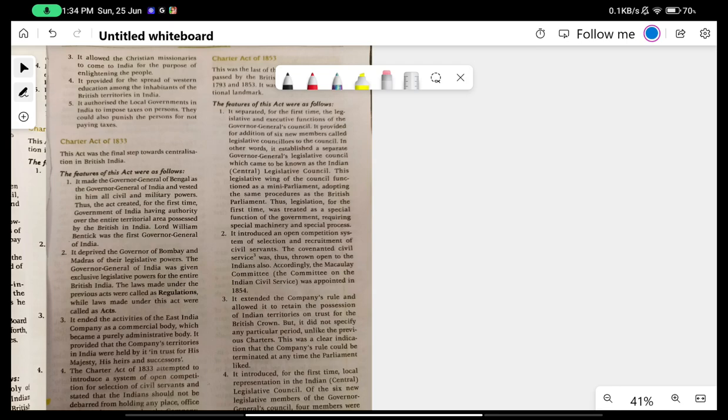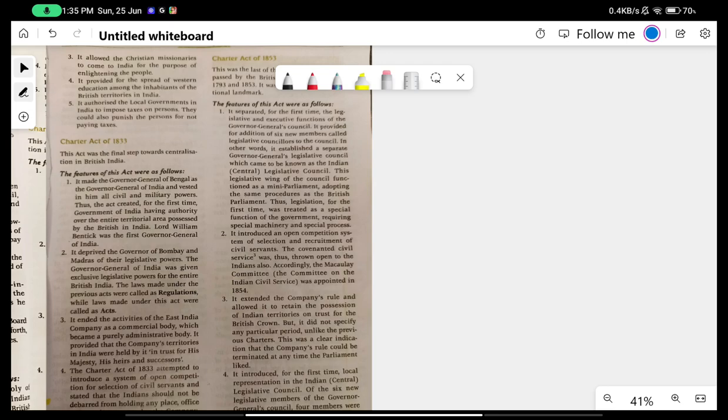Fifth point is it extended Britain's rule over India through the company without specifying the time limit. So again, it extended the time period the company could rule over India, but previously they were extending it by 20 years, and they were saying that they are actually extending the monopoly for trade in India.